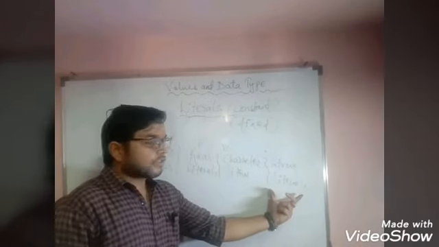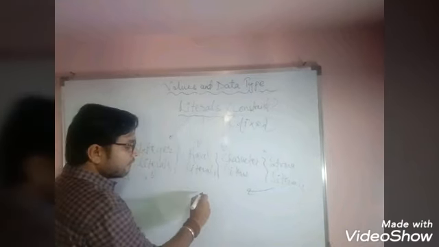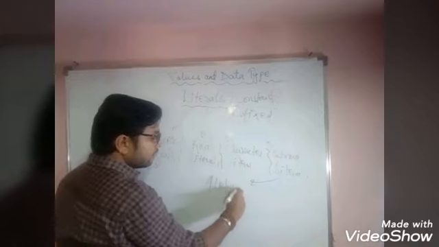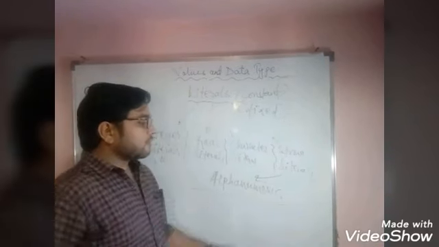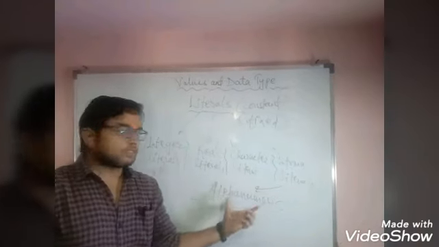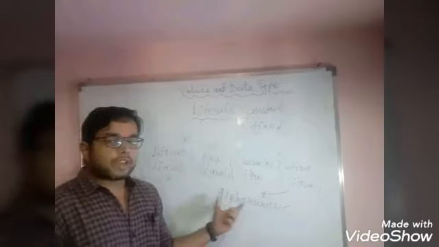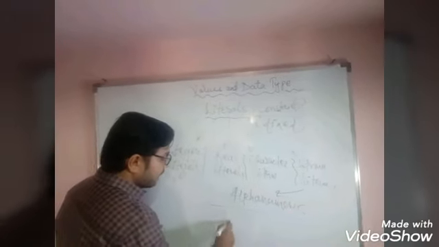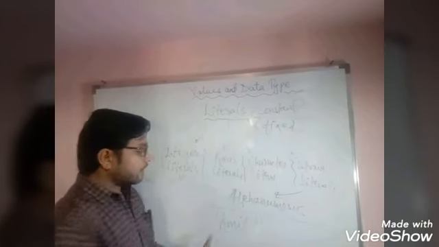Now the next is string literals. String literals are also alphanumeric in nature. You have already learned about alphanumeric. In a string you can write alphabets as well as numbers, and it can use any number of characters. For example, if we are writing Amit in double quotes, then it is correct.